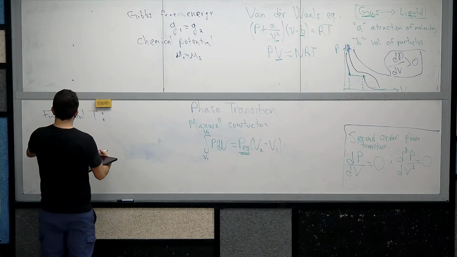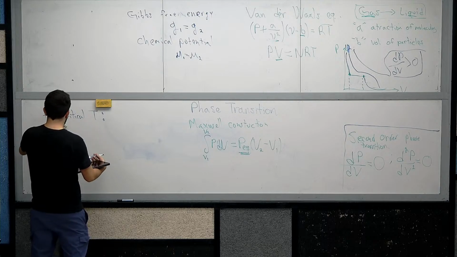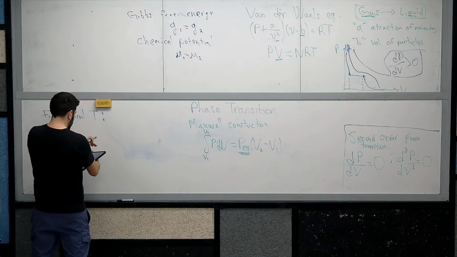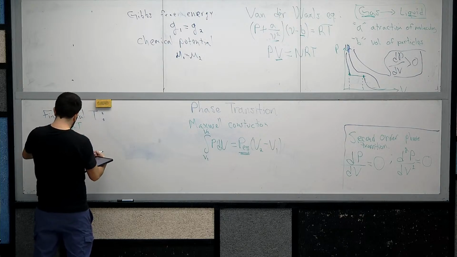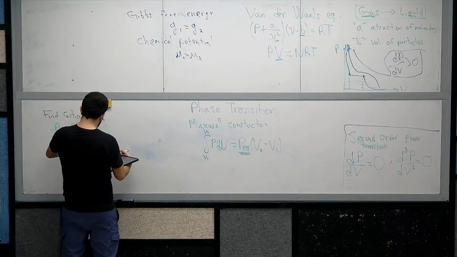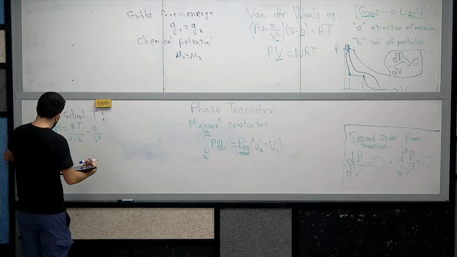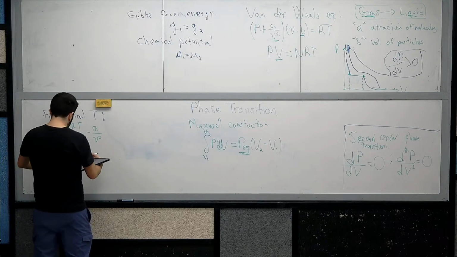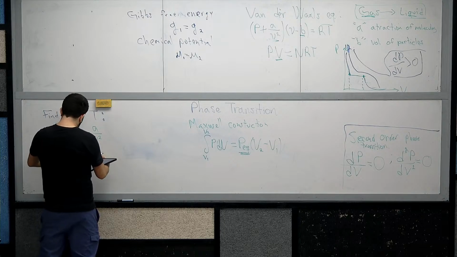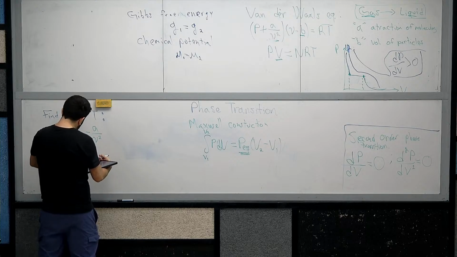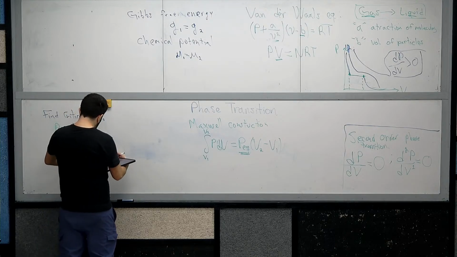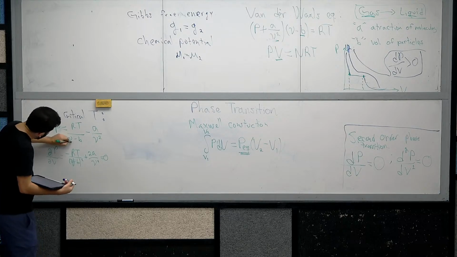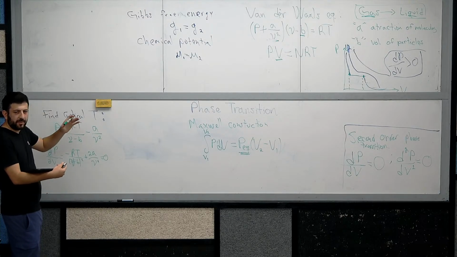Let me write first the function. The first derivative of the pressure with respect to volume is just, by the way, this little b is just the regular volume divided by the number of particles.